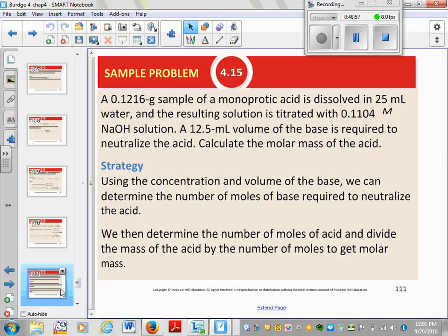So the molar mass is 0.1216 divided by 0.00138. Drum roll. The calculator people are falling behind on the job. 88 what? 88.11. 88.12 grams per mole. See how you did it. Oh, very good.